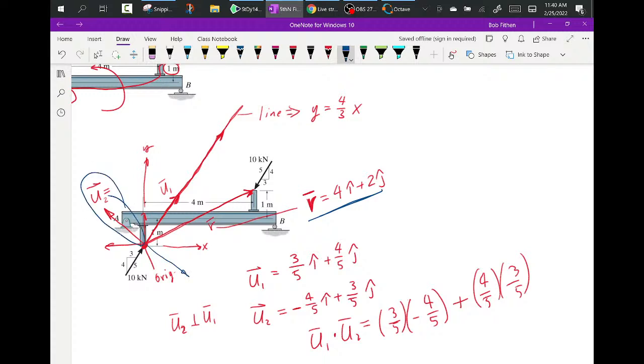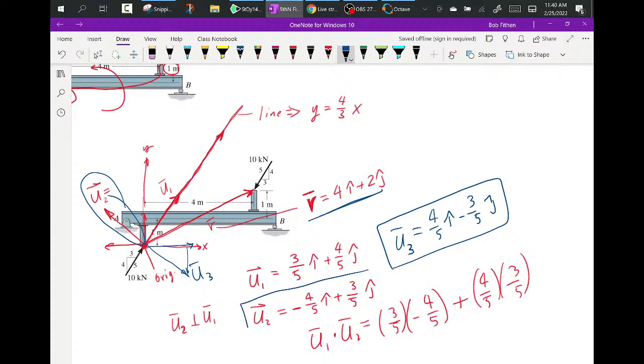If I turn it the other way, u2, I'll call it u3. It simply goes 4/5 i minus 3/5 j. It simply goes to the positive x, negative y. So both this vector and this vector are both perpendicular to this one.